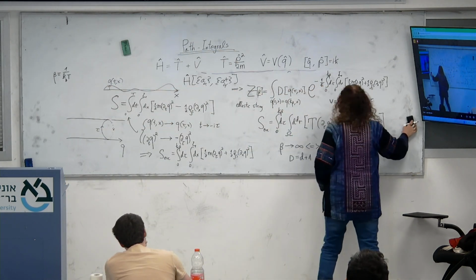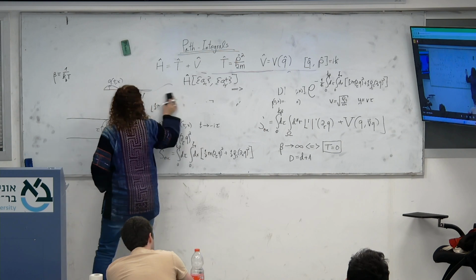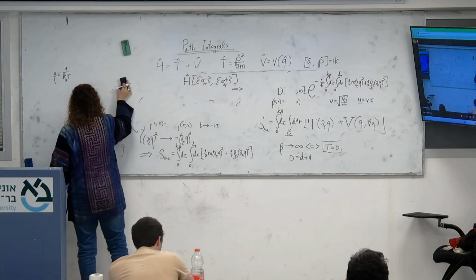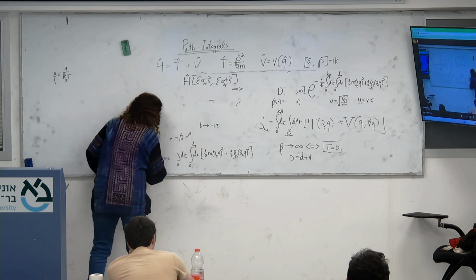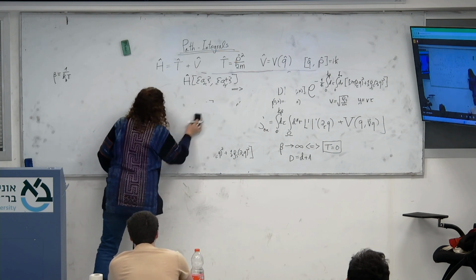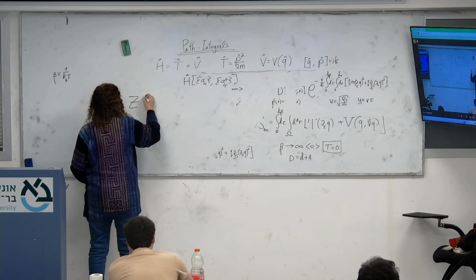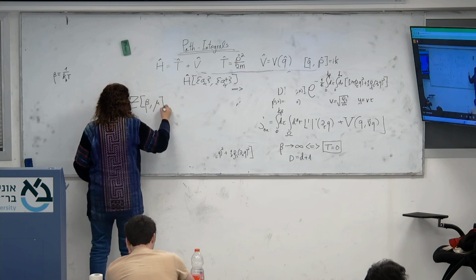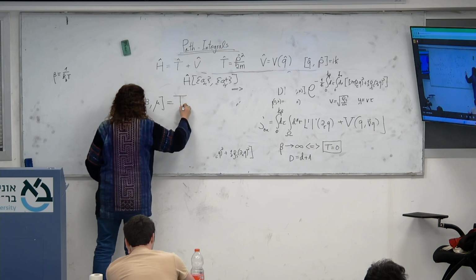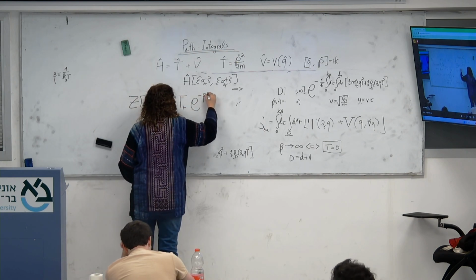So the problem we want is to be able to compute a grand partition function, which is a trace of e to the minus beta H grand canonical.